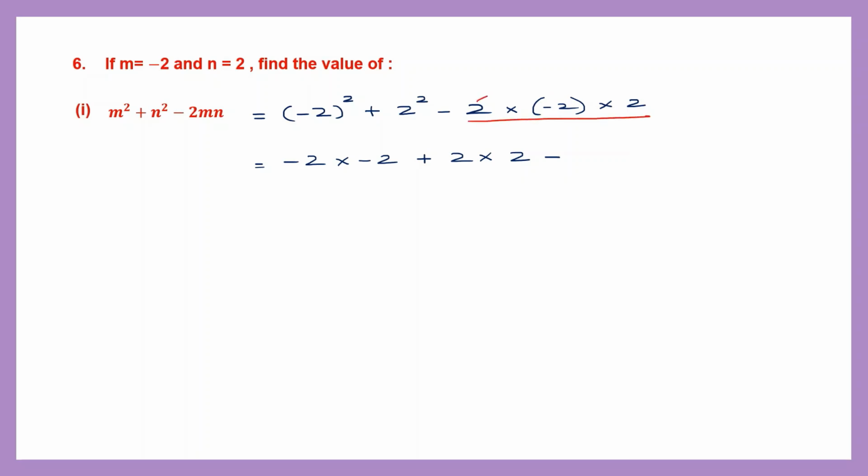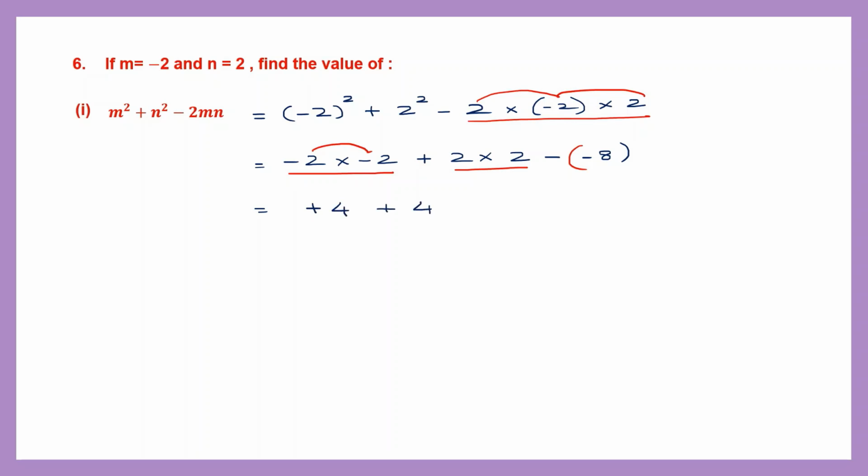So first 2 2's are 4, 4 2's are 8, and the sign is minus. So that is minus 8, minus 8. So this will be, now let's work out slowly. Minus 2 into minus 2 plus 2 into 2. So let's work out these two. Minus into minus is plus, 2 2's are 4. Next one, 2 2's are 4.